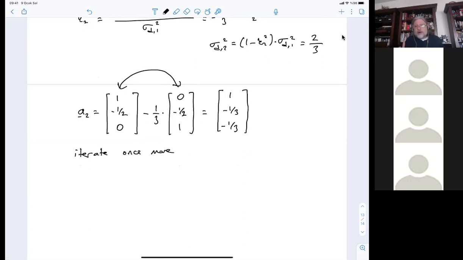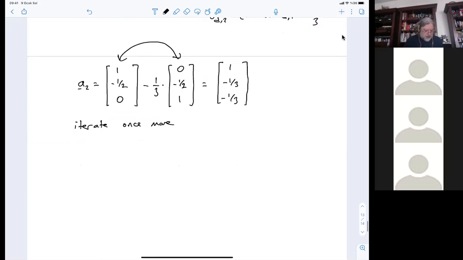If more autocorrelation values are given to you, then you can iterate even further. We will find K3, that is minus Rx3 minus A2 of 1 times Rx2.